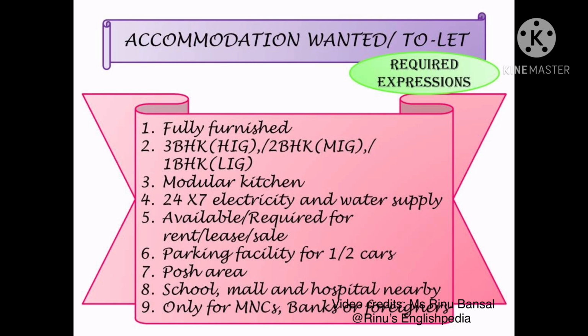Then you should also remember the term posh area to indicate a very good area of a city, and it is generally associated with 3 BHK flats. Again, when talking about the amenities available, the expression school, mall, and hospital nearby are very important. And finally, when you're talking about conditions or any kind of limitation, then the expression only for MNCs, banks, or foreigners will help you in your writing.